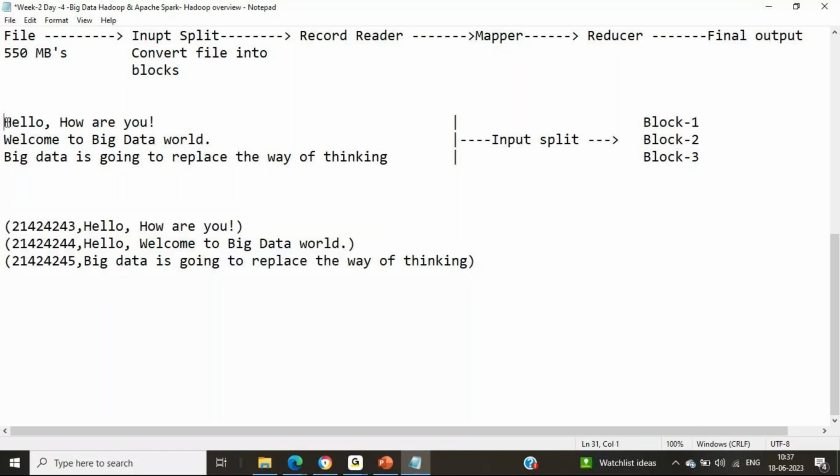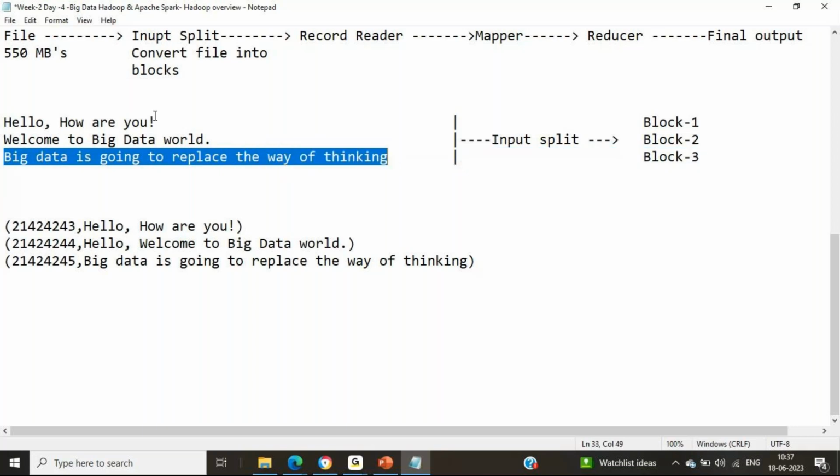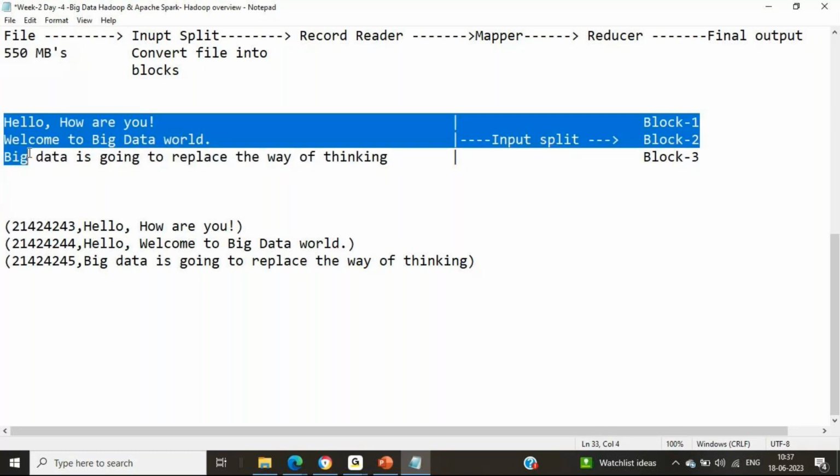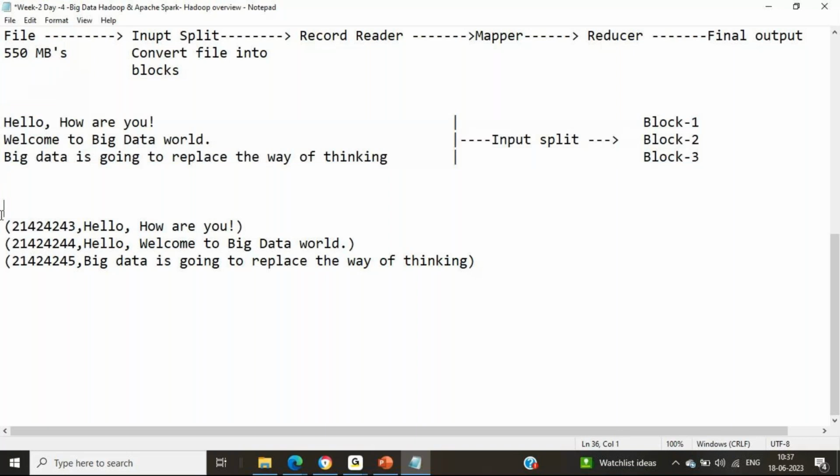Earlier, we were having this data in terms of blocks. Say block 1 is having this content, block 2 is having this content, and block 3 is having this content. And why? Because we have split the 550 MB file, and we got the data in terms of blocks. Now the record number has been added once we pass these blocks through the record reader, and just have a look onto this.